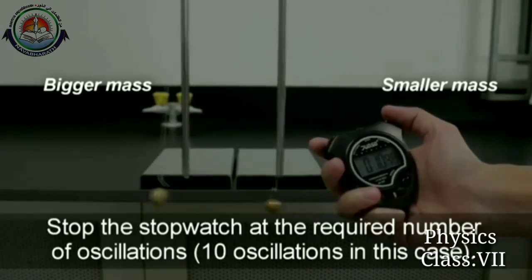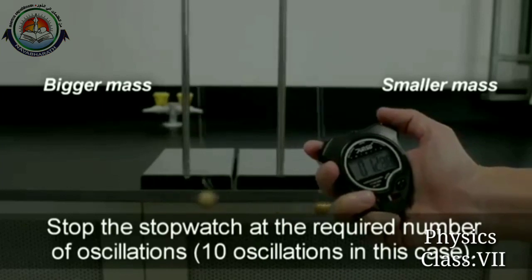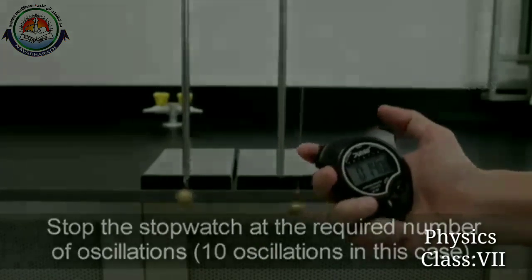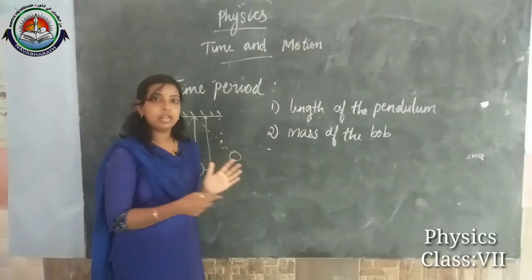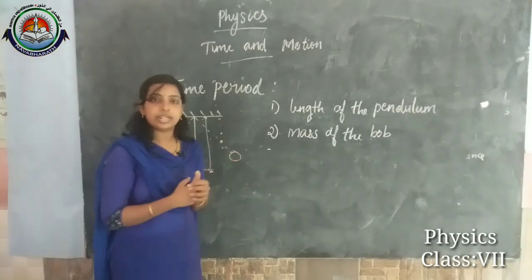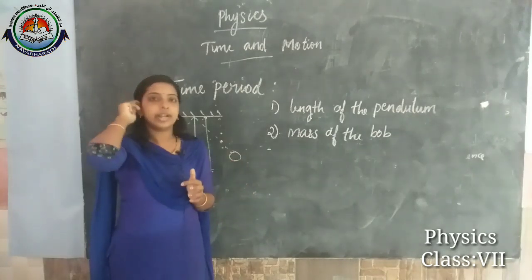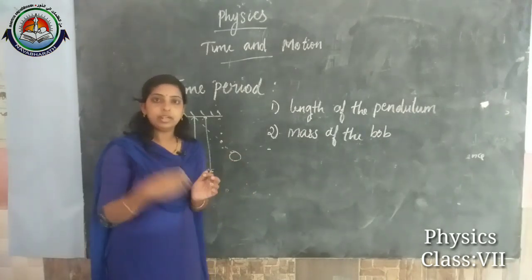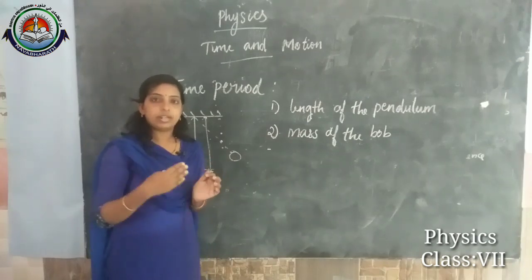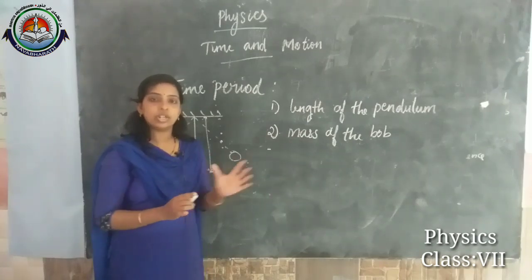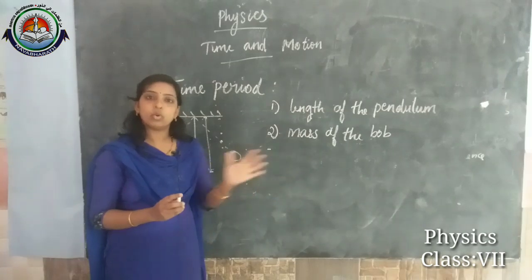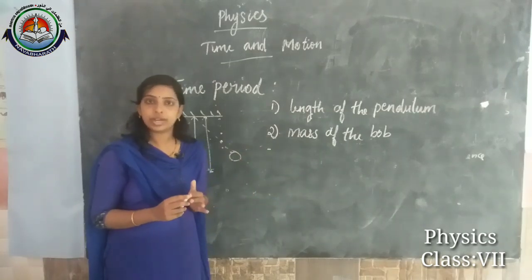Then what happens? They are oscillating. While looking at this you can see that both pendulums oscillate in the same way, right? Same speed, or the time taken for one oscillation is the same for both pendulums. Is it right?